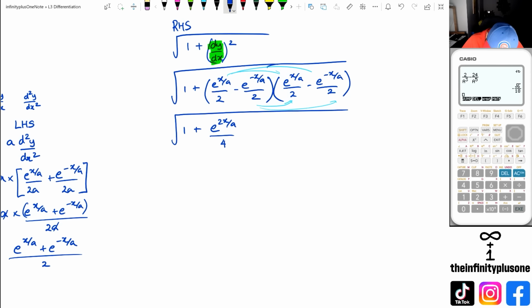Then I've got, this is just a nasty question. This is such a horrible question. Then I've got e to the power, so that's going to become a minus. Let me just see if that's correct.